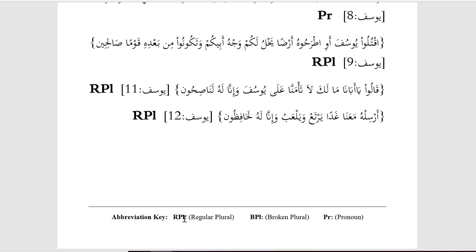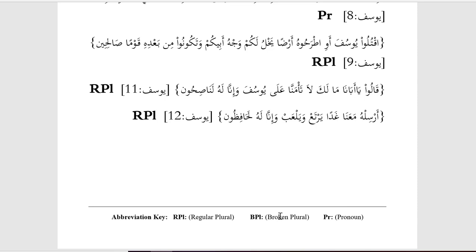If you see RPL, that means regular plural, meaning that it's salim, which means you should see a waw and a noon, or a ya and a noon. But remember, you're looking for those forms: mim with a dhamma, or fa'al, or fa'il. BPL means broken plural, jam' taksir.